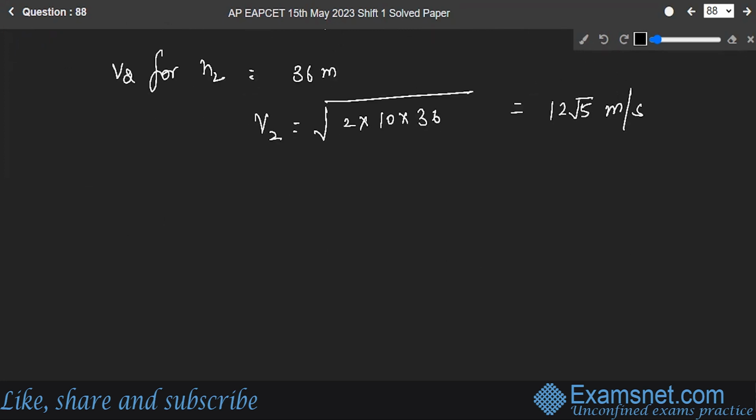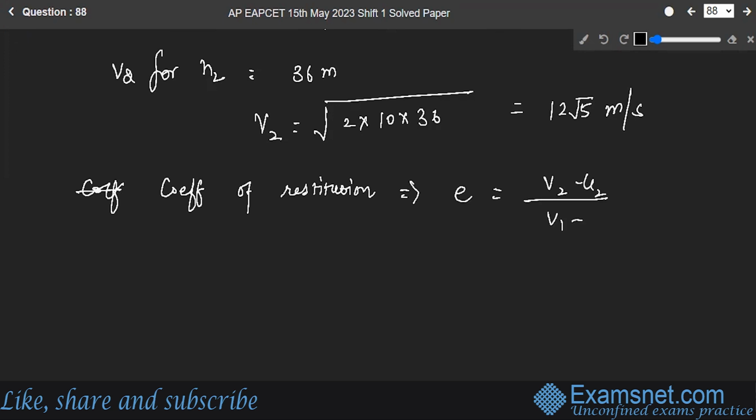Now the coefficient of restitution is given by V2 minus U2 upon V1 minus U1, where U1 and U2 are the velocity of the ground before and after the collision. Let's write down.